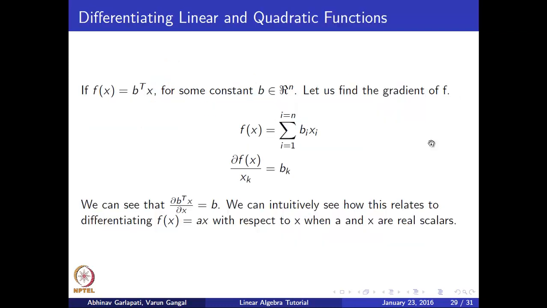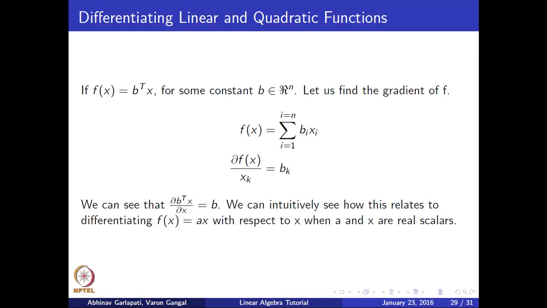Now let us study how we can find the gradient for some simple vector functions. Consider the function f of x equals b transpose x, where x is an n-dimensional vector and b is also an n-dimensional vector. f of x can be written down as sum over i equals 1 to n of bi xi.